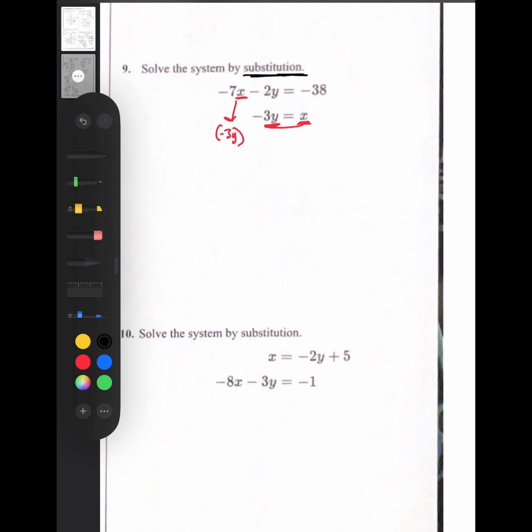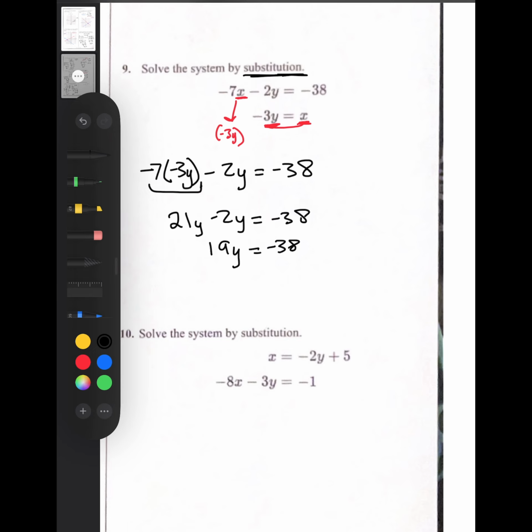So let me rewrite what this equation would look like. It's going to be negative 7 times negative 3y minus 2y equals negative 38. Now, we're going to multiply this out. So that is going to be 21y minus 2y equals negative 38. This gets us to 19y equals negative 38, divided by 19 on both sides.